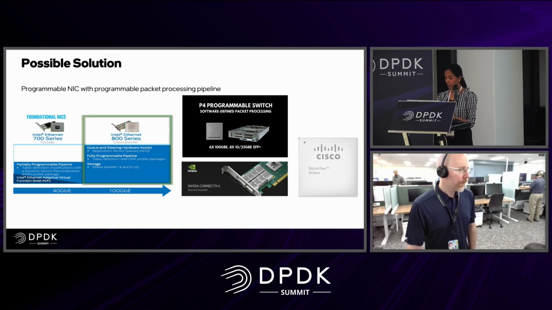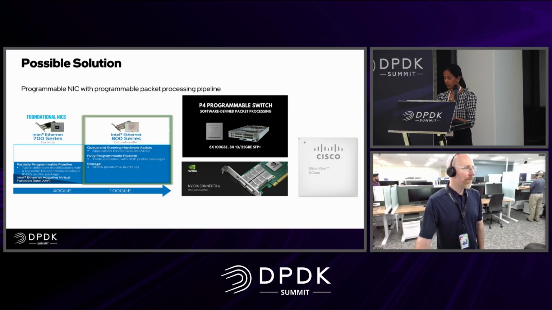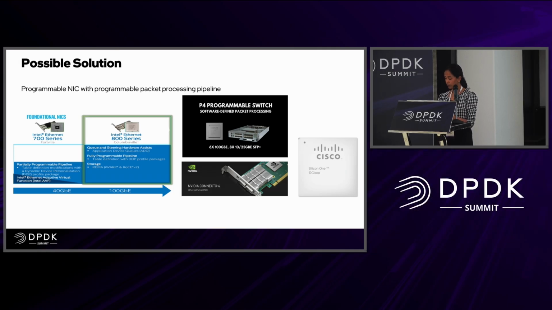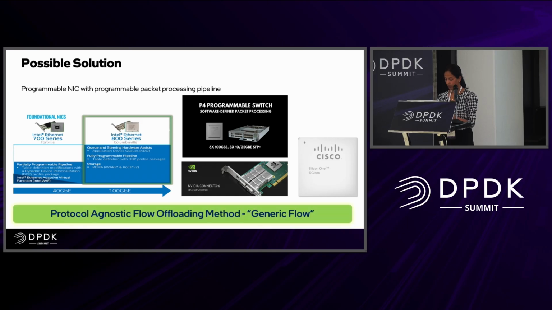But their biggest challenge is the complexity in programming and development of the driver, because now the driver has to support the parser capability for all of them. That's where the protocol agnostic flow offloading method, named generic flow, becomes helpful.